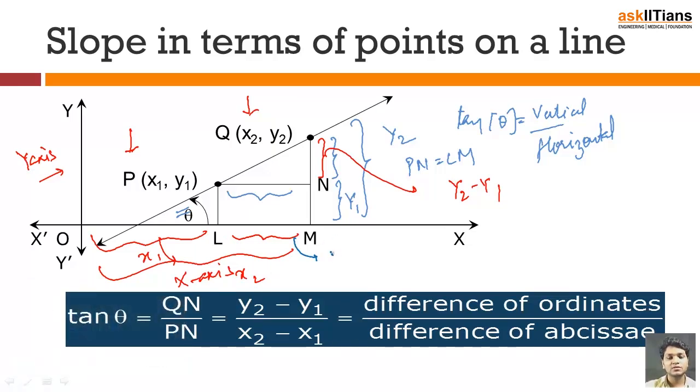So this is how we define the change in the horizontal direction, and this is the change in the vertical direction. So the slope is y2 minus y1 divided by x2 minus x1, which in terms of language can be written as the difference of the ordinates over the difference of the abscissas.